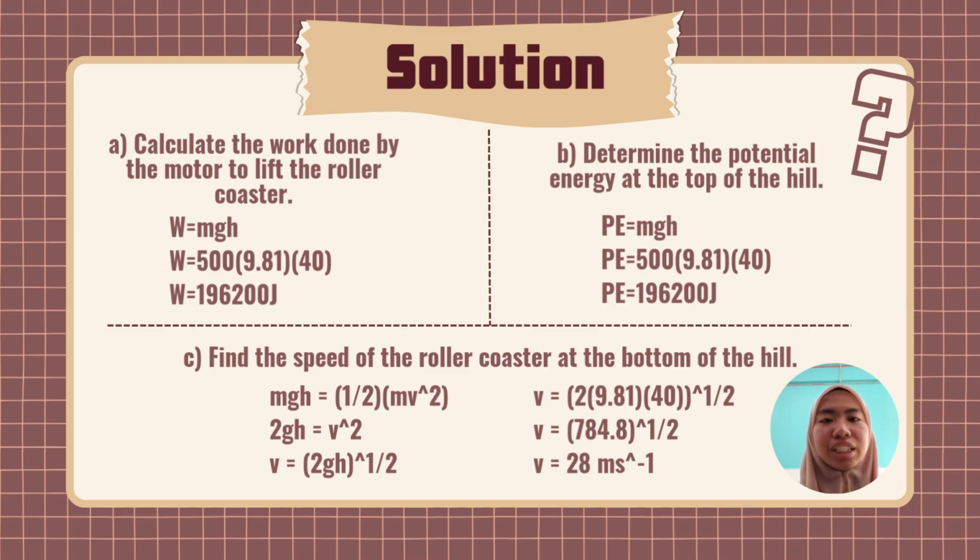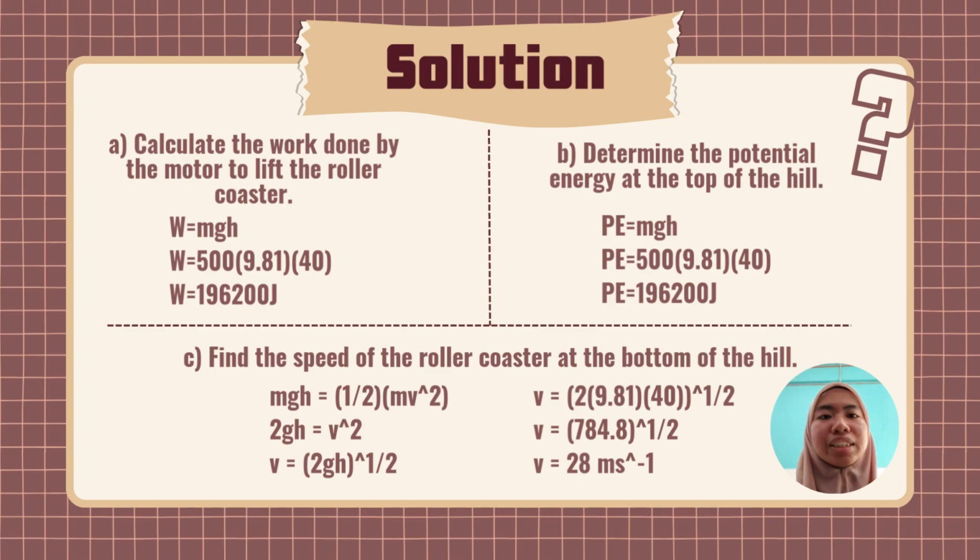Last question, C. Find the speed of the roller coaster at the bottom of the hill. When the roller coaster moves down, its potential energy is converted into kinetic energy. So, we equate mgh equals 1/2 mv².